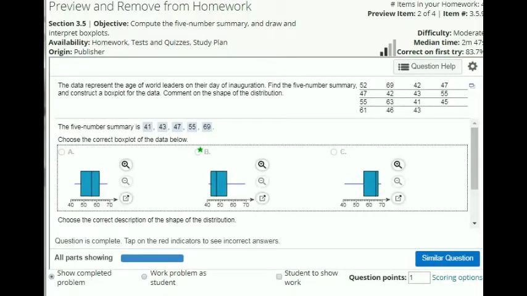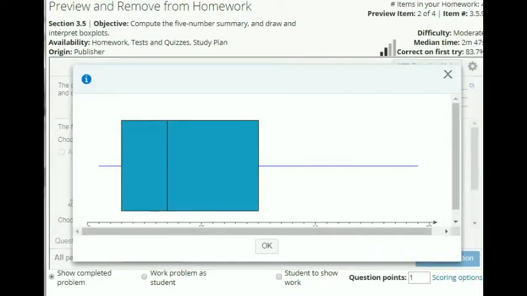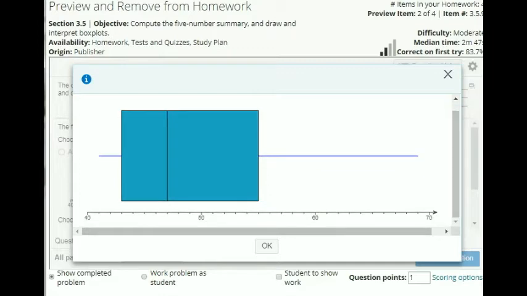So this is consistent with the answer B here, as we can zoom in a little bit, which shows a box plot that is skewed right. We could be a little more specific and verify that these numbers on the number line correspond to our Q1, median, and Q3, as well as the max and the min.